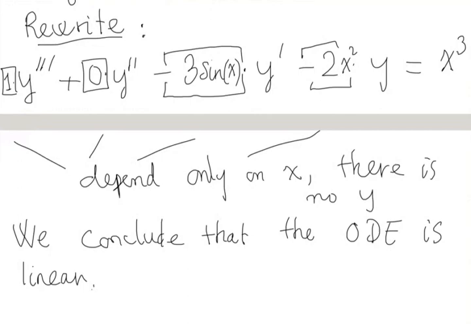In later chapters, when we study higher order differential equations, we won't be able to touch nonlinear equations. We only learn about solving linear equations. So that's why determining whether an equation is linear or nonlinear is quite important. And this is the end of this topic.